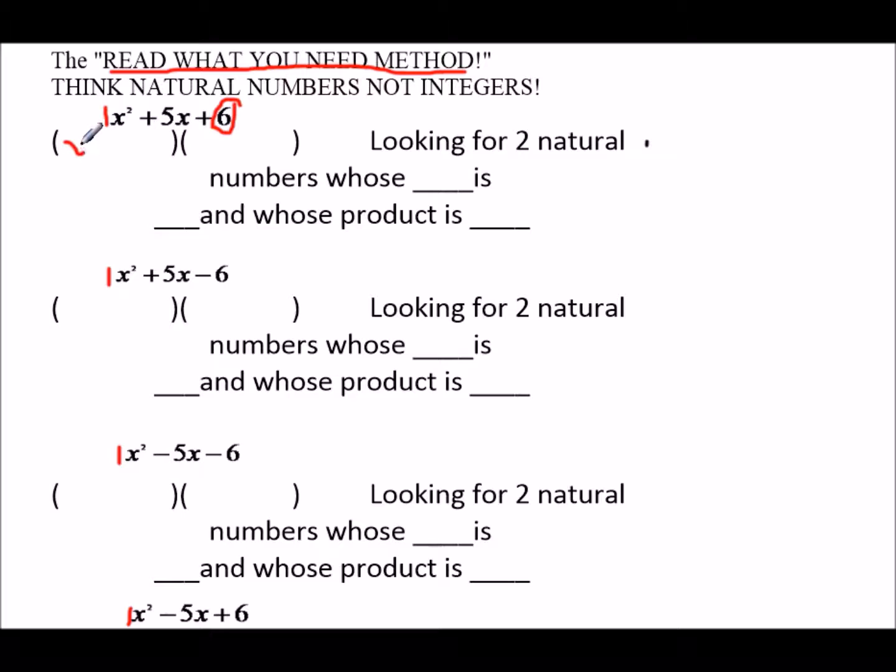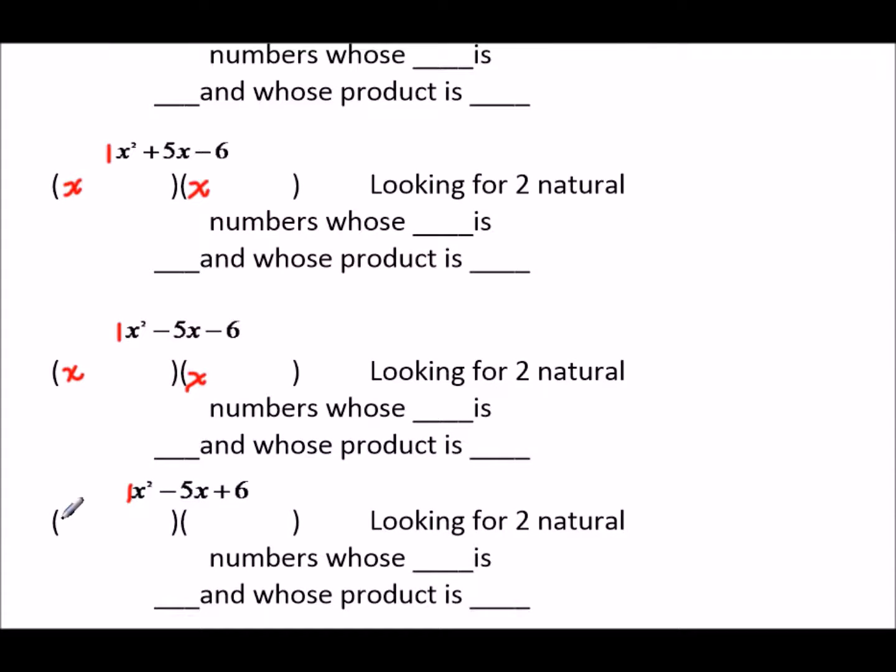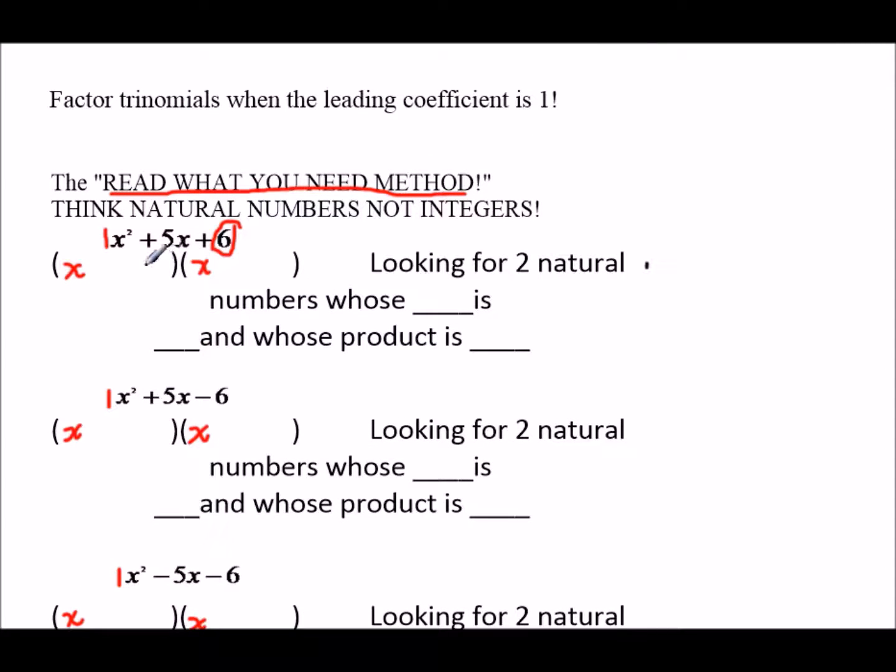I know that I've got an x here and an x here. This is kind of tedious because the only way you're going to get an x squared, first times first, is an x and an x. And even in this last one, it's going to be an x and an x. And what's going to go here has to be two numbers that multiply to give you a 6.